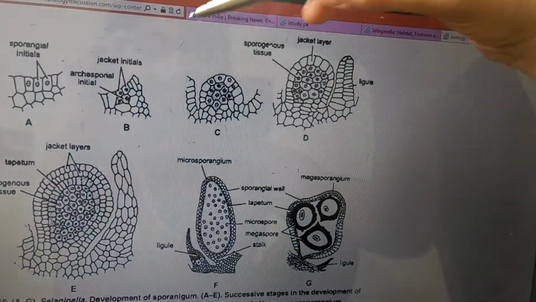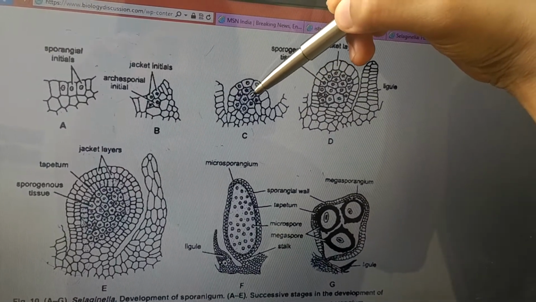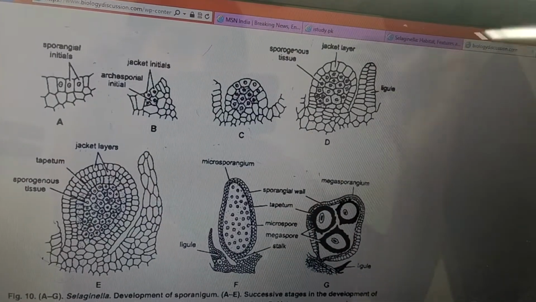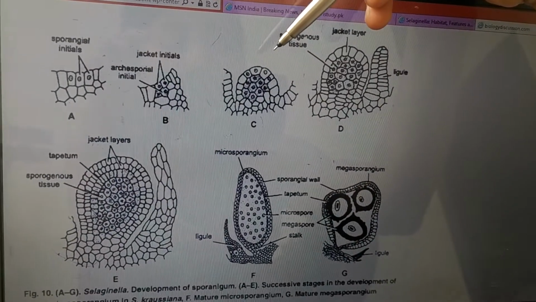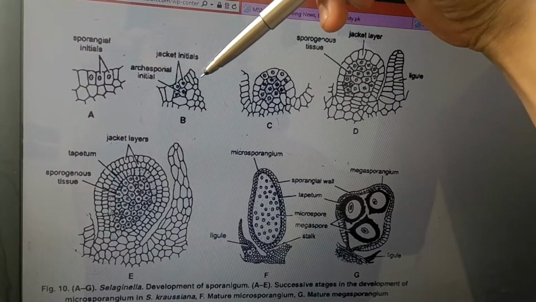Now these jacket initials will undergo periclinal and anticlinal division, leading to formation of two layers. Such two layers we can call a jacket. Inner to this one we have the archesporial initial.